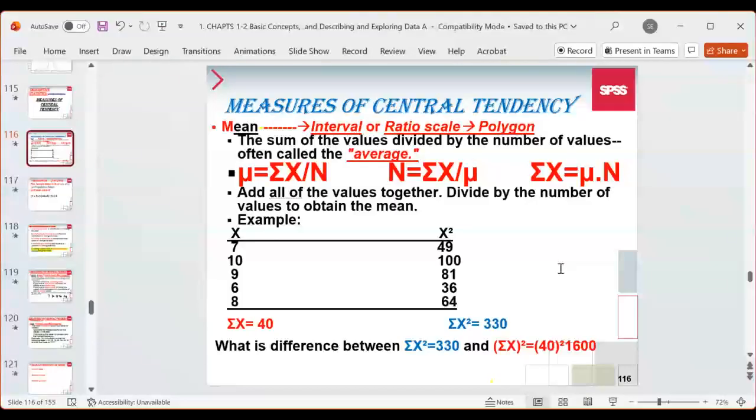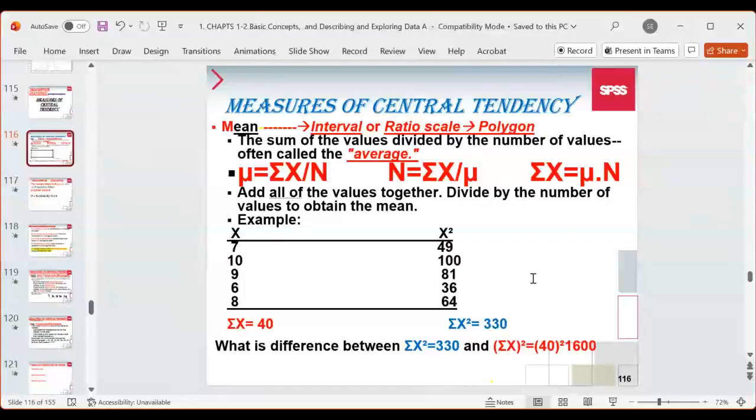Like for a score, we use X. Instead of a plus sign, we use sum, a Greek symbol, like an inverted 3, sigma. Sum of X means you add them up. So sum of X is 40. So that's the language of SPSS that everybody should learn quickly.